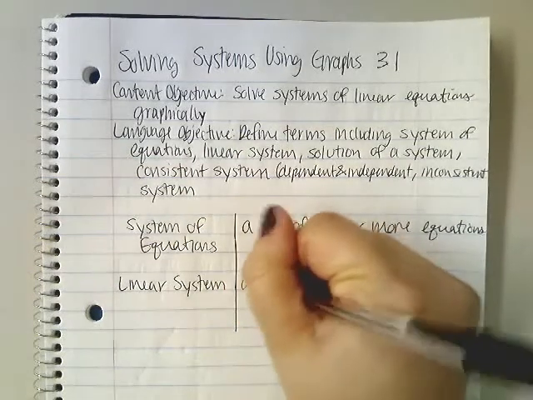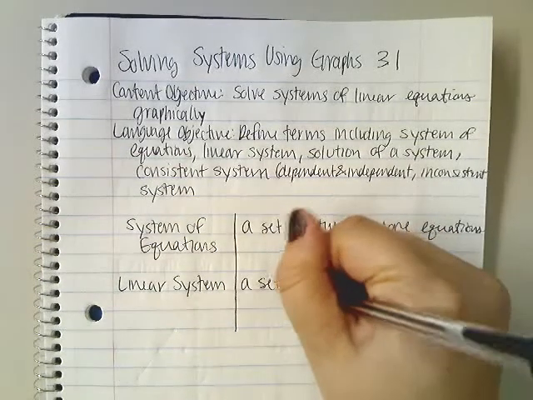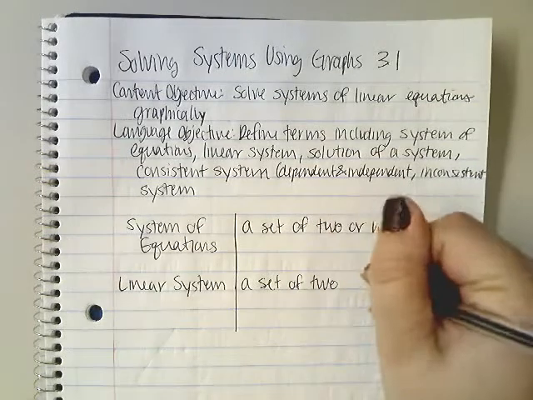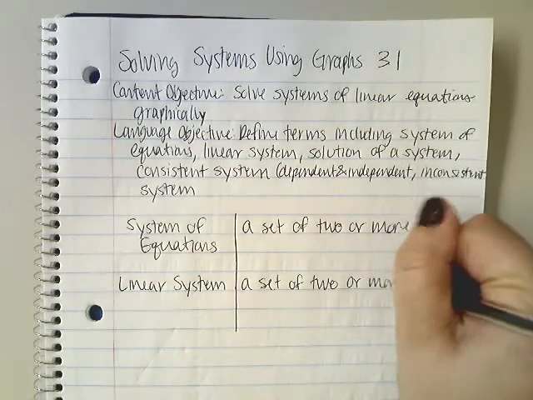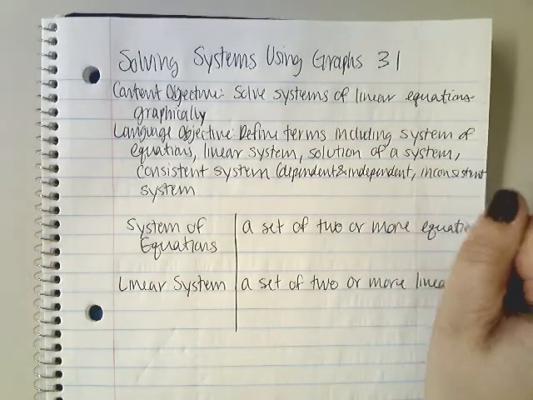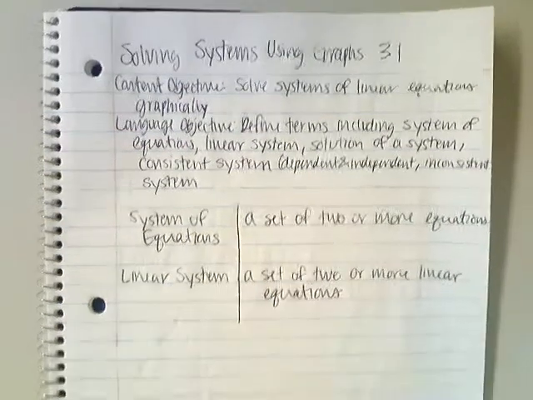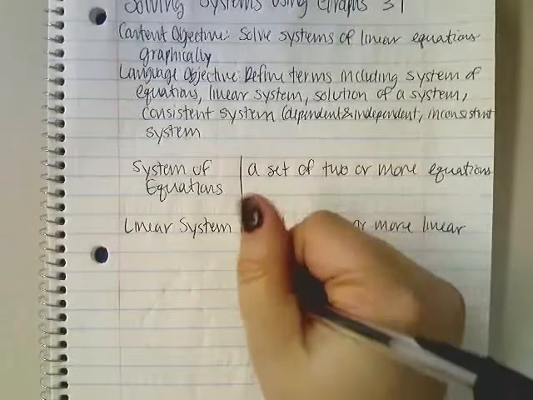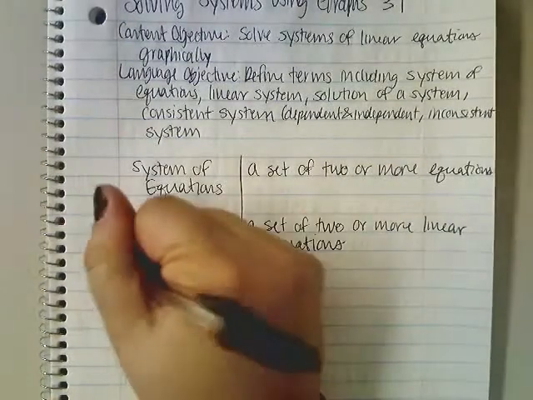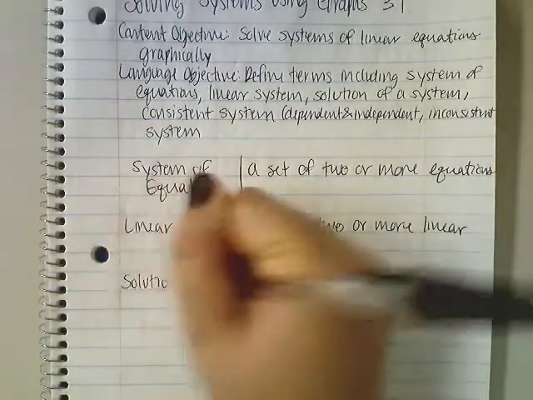So a linear system is a system of two or more linear equations. And the reason we're talking about these is because we're going to find the solutions of linear systems.